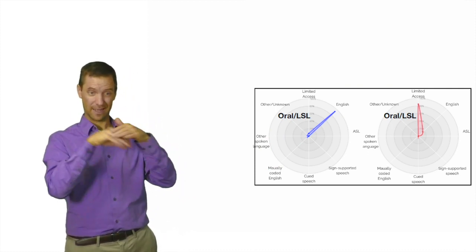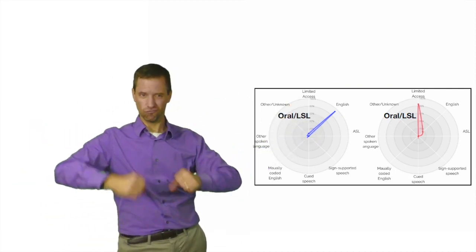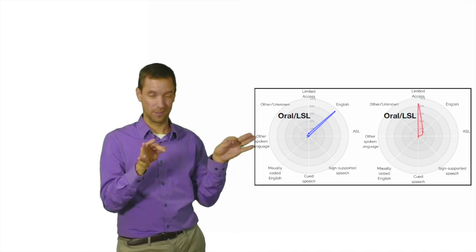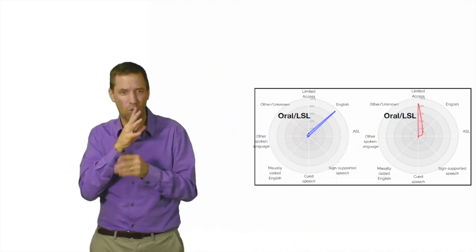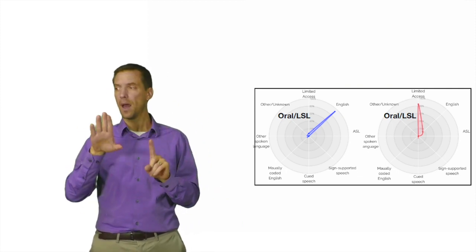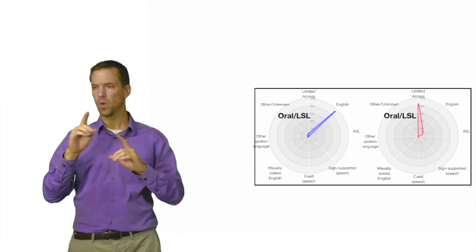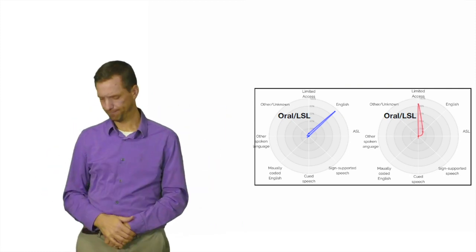But if you actually look at their experience with language access, these two children are very different. This one child has lots of auditory access, and this child has very little auditory access to spoken language. So their real-life experience is very different, but communication mode would say that they are the same.